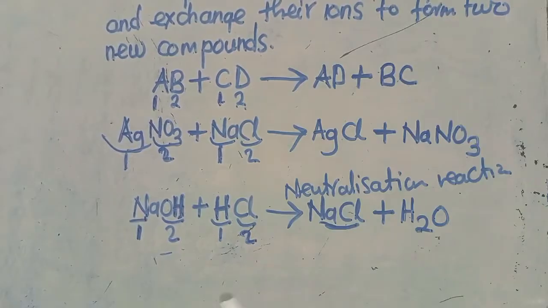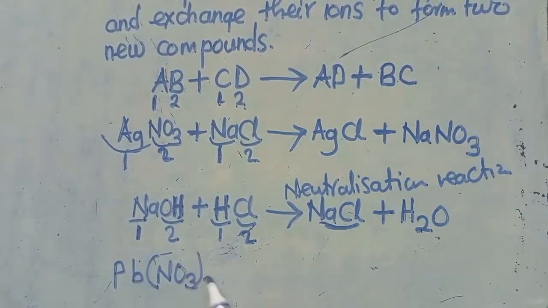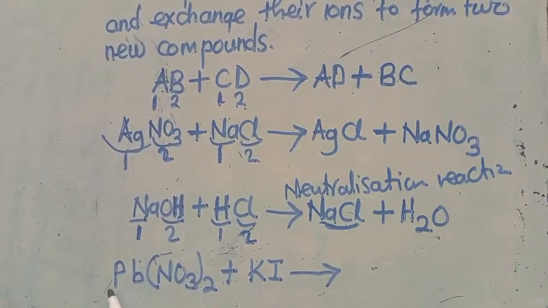So you now discover, apart from this, there is also a type of reaction where we've got maybe lead nitrate. Lead nitrate reacts with potassium iodide. What are we going to form this side? This lead will react with what? This lead, we say 1, this is 2. This is 1, this is 2.